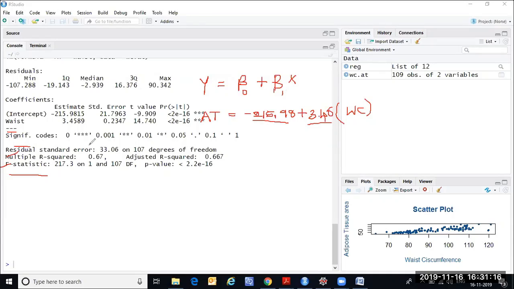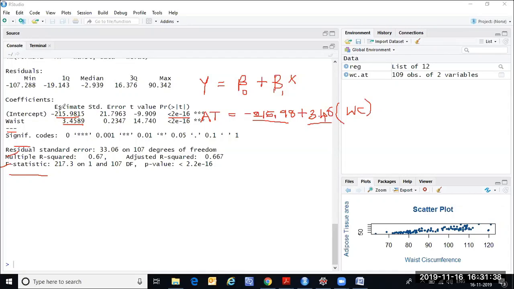Whether the coefficient values are significant or not, can we consider them or not, is based on the probability value.